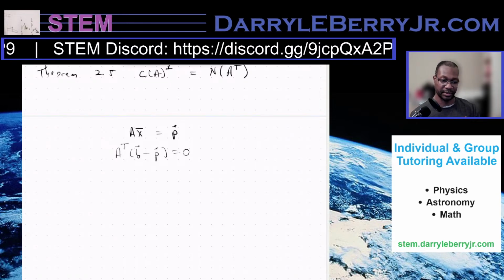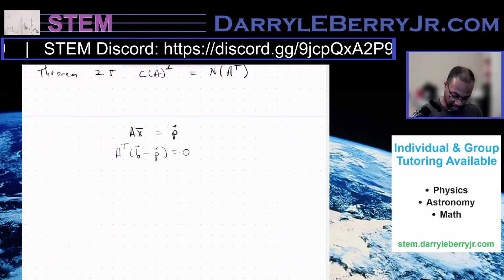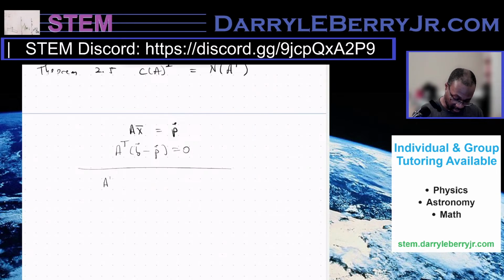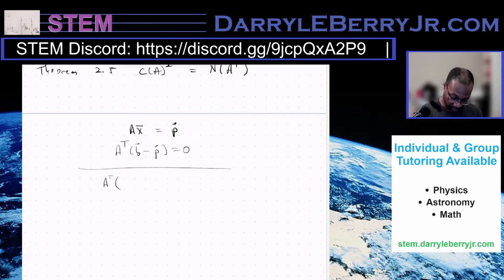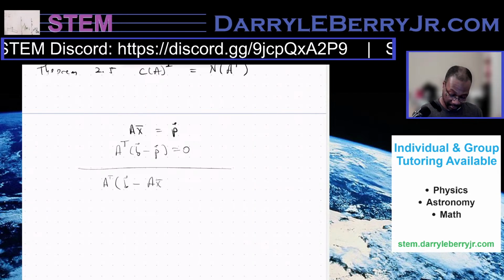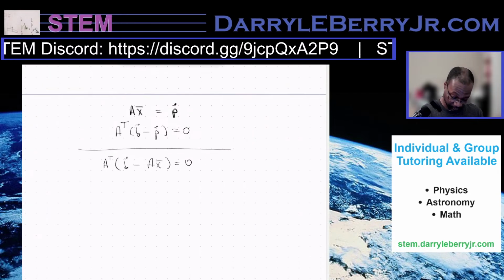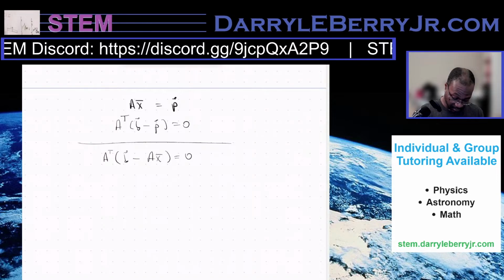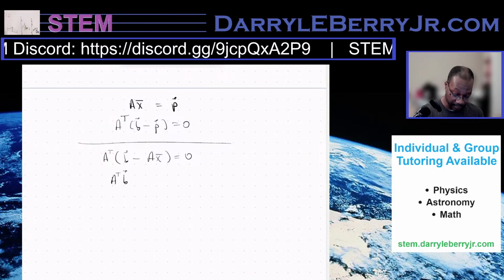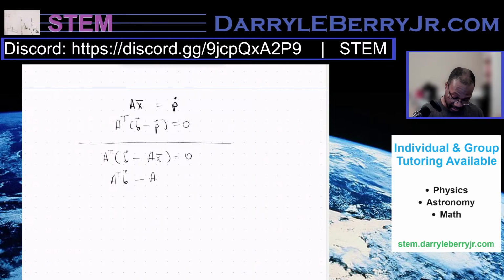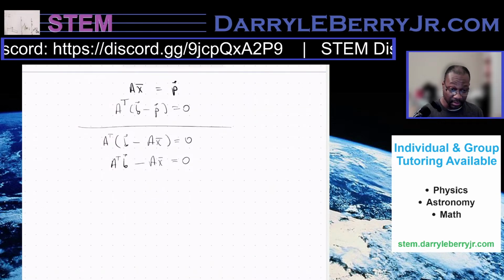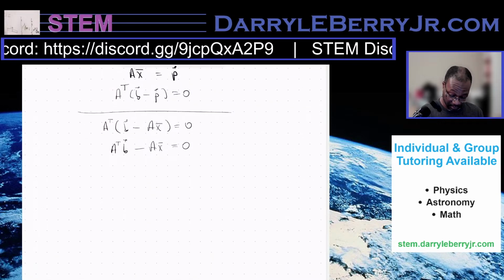Substituting the first equation into the second equation yields A transpose (B minus A x bar) equals 0. A transpose B minus A x bar equals 0.